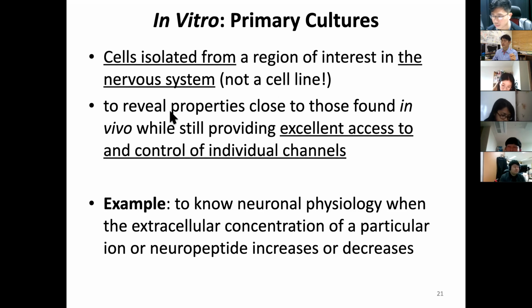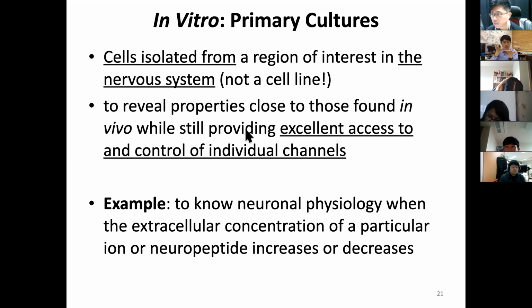What's good about this is that it reveals properties close to those found in vivo. It's not in vivo, but we are trying to mimic it. Then why do we do in vitro experiments? Because in vivo, you cannot see what's happening inside very easily.